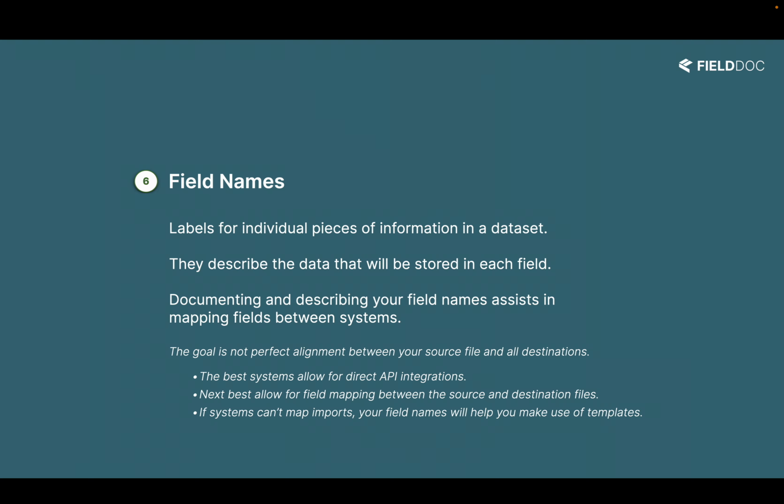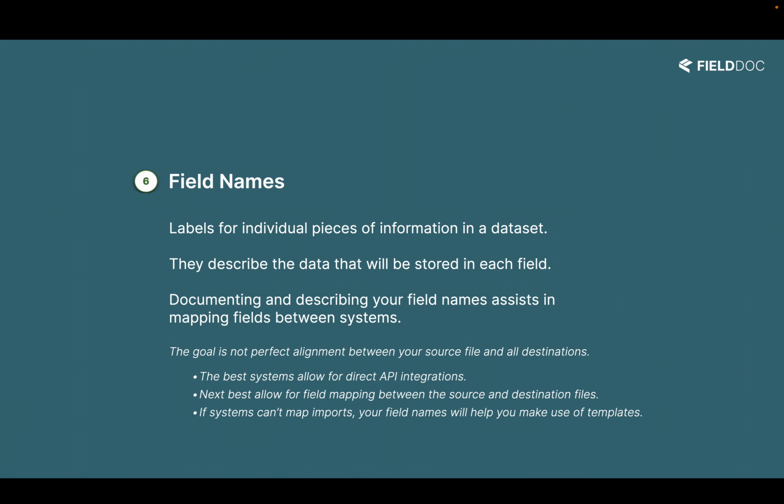Okay, so field names, this kind of goes back to that content of what are we collecting. Field names, it's a fancy word for labels in a lot of instances. Labels for those individual pieces of information in a data set. You're going to describe the data that's going to be stored in each field, and documenting and describing your field names, it's going to assist in mapping fields between systems and making sure that you have consistency over time.